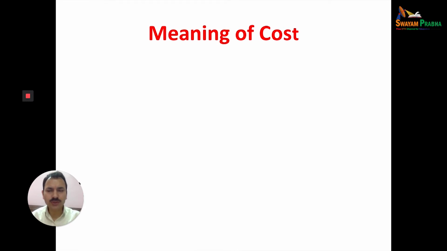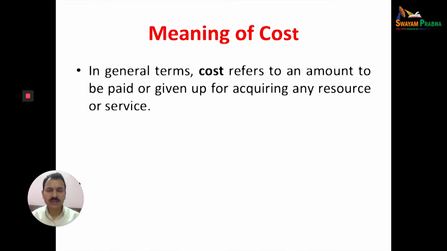In order to produce a good, every firm makes use of various factor and non-factor inputs, and the amount spent on the use of these inputs is called the cost of production. So now let us discuss what is cost. In general terms, cost refers to the amount to be paid or given for acquiring any resource or service.